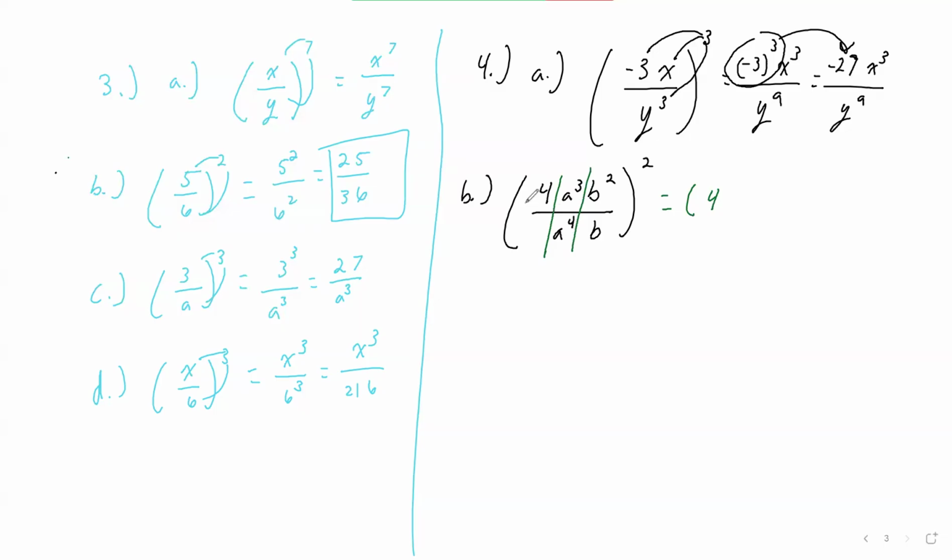What do we do when we divide? We subtract. 3 minus 4 is... That's it. So it'd be negative 1.